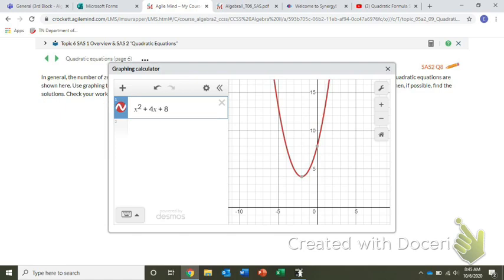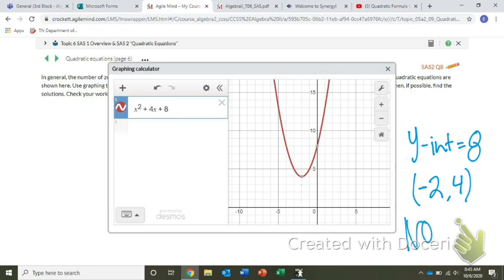But it does have a y-intercept of 8. And the point is -2, positive 4. And this has no real solution. Okay?